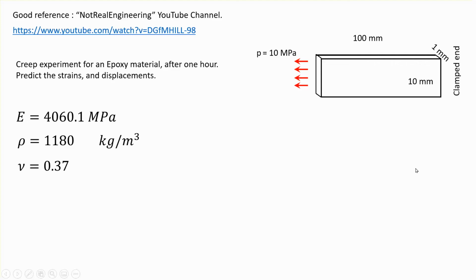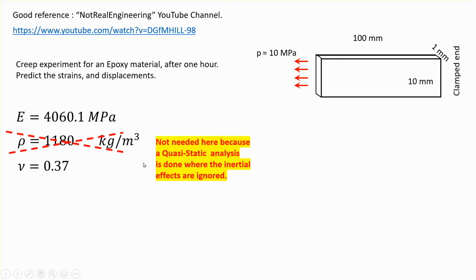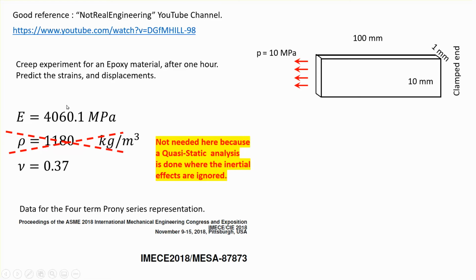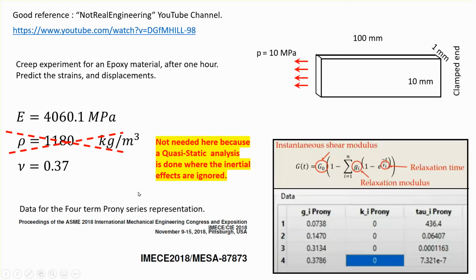The properties are given in this video tutorial: Young's modulus, a density, and Poisson ratio. Now we don't need this density because we're not solving a dynamic problem, but in that video, it's actually needed. Since we're using a four-term Prony series, you need to have the data, and the data beyond what you see here is coming from a paper which is listed here.